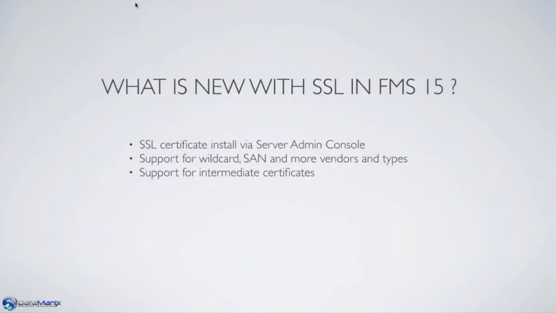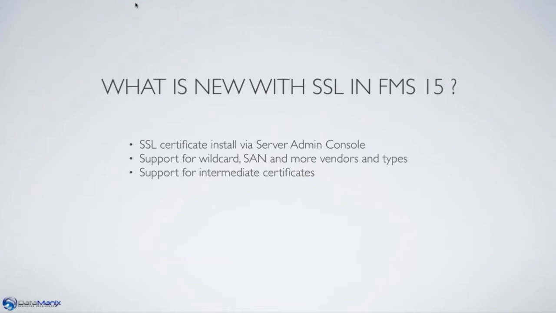So what's new with SSL in FileMaker Server 15? Well, if you watched previous videos we created on FileMaker Server 14, you will know that we needed to install the certificates via the terminal command. But now we actually have the features right within the server admin console, so it's much easier to install.